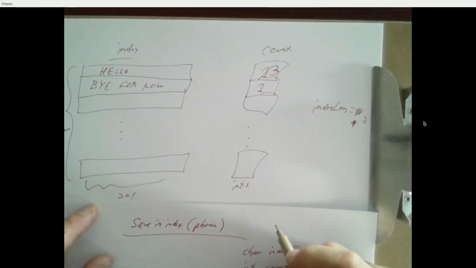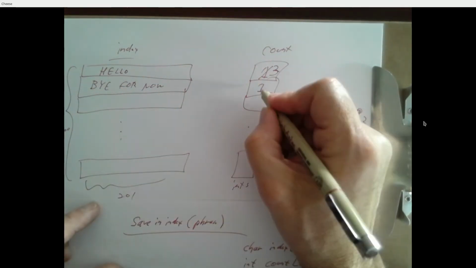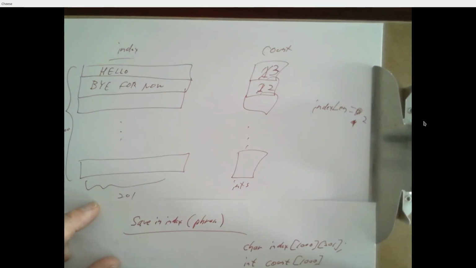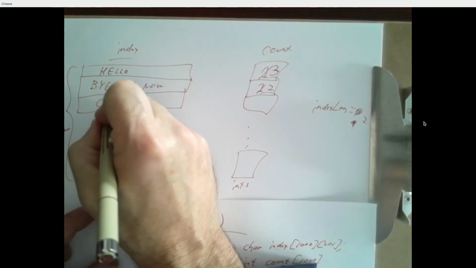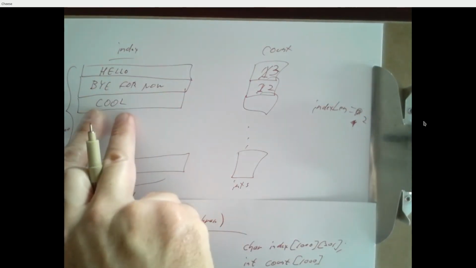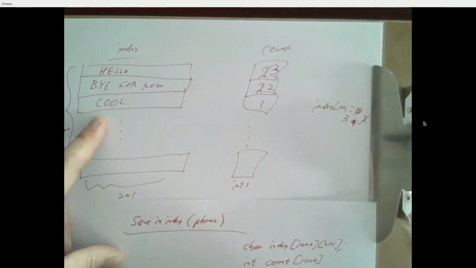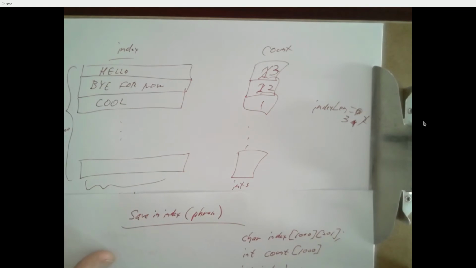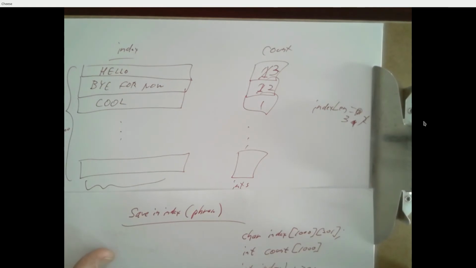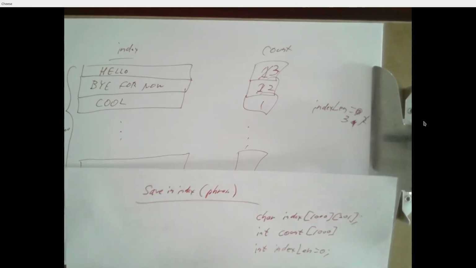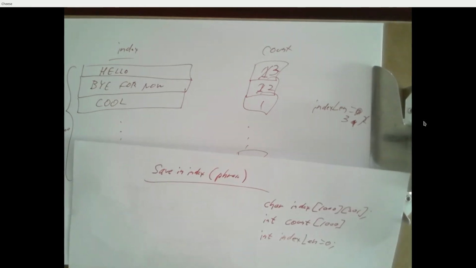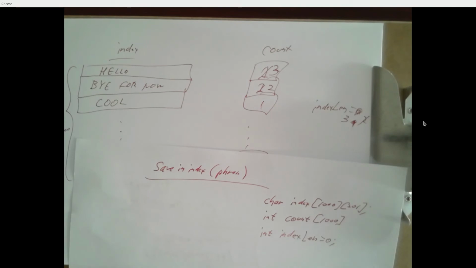The next phrase is bye for now, you see that's in here, you increase this count. The next phrase is cool, and it's not in here, so you make a new entry, you set the count to 1, and you increase your index length to be 3. Make sense? This is nothing that you haven't already done at some level in 121. It's a lot of pieces.